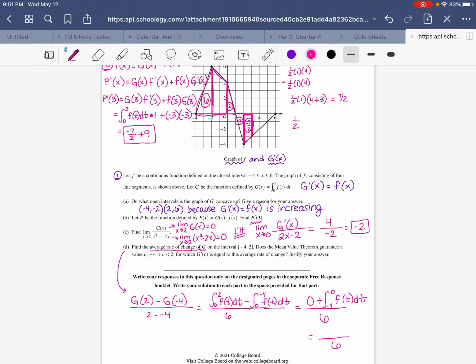The formula for any trapezoid is 1/2 times your height, which is 2 in this case, times base 1, which takes me up to 6, plus base 2, which takes me up to 4, and I get 10 right here. So if I'm trying to evaluate the integral from -4 to 0, it would be these areas. 6 plus 10, and I get 16. And again, I wouldn't simplify because we never want to simplify.